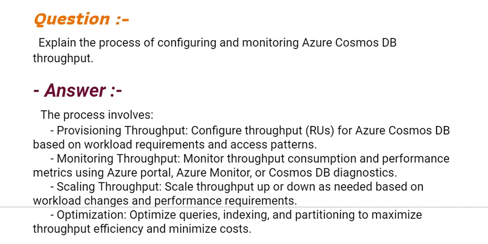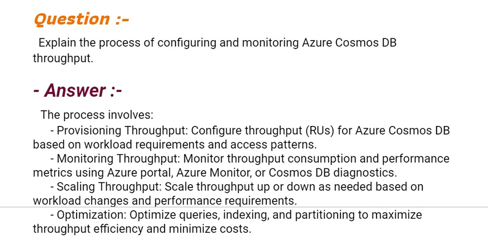Your answer should be, the process involves, the first one is provisioning throughput. Configure throughput for Azure Cosmos DB based on workload requirements and access patterns. The second one is monitoring throughput. Monitor throughput consumption and performance metrics using Azure Portal, Azure Monitor, or Cosmos DB Diagnostics.